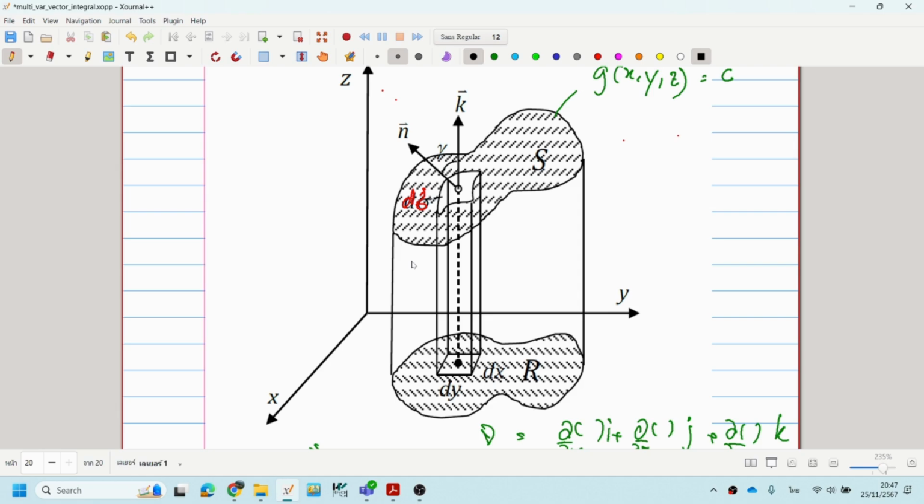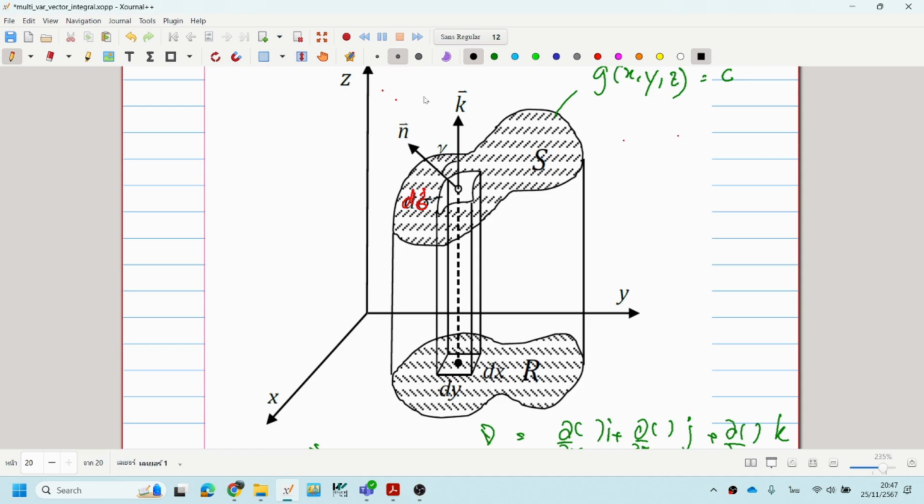The unit vector along the x-axis I call i, along the y-axis j, along the z-axis k, right? And now it projects down to the XY plane. The normal vector of the XY plane is the k vector.